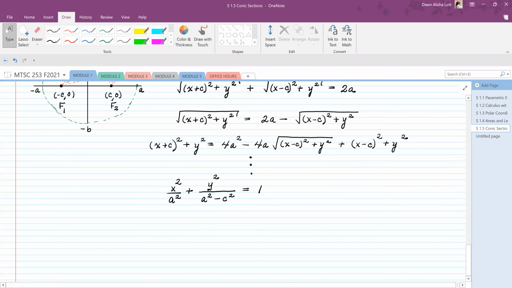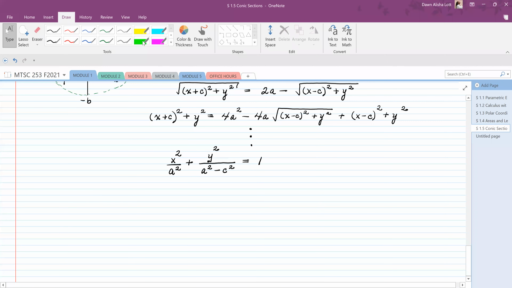We're going to let b be the square root of a squared minus c squared.